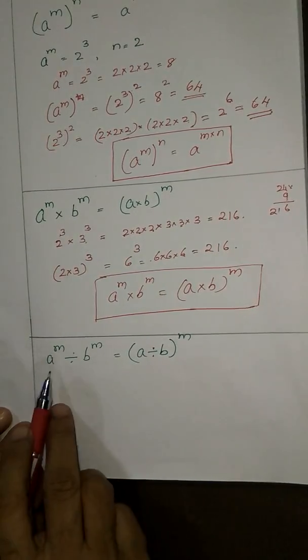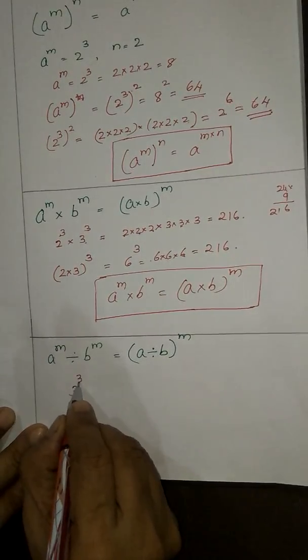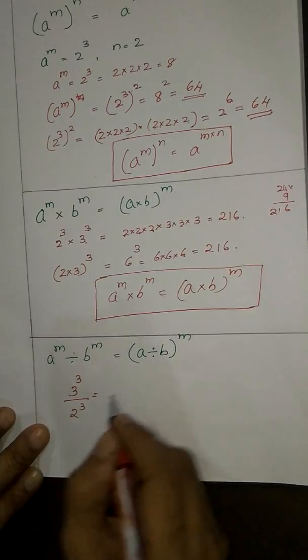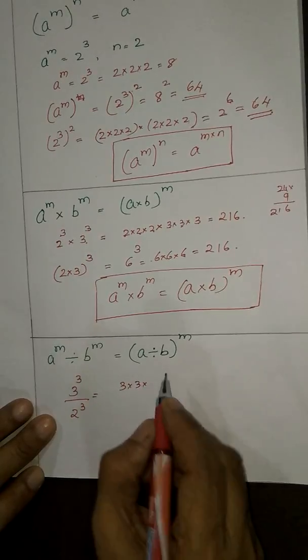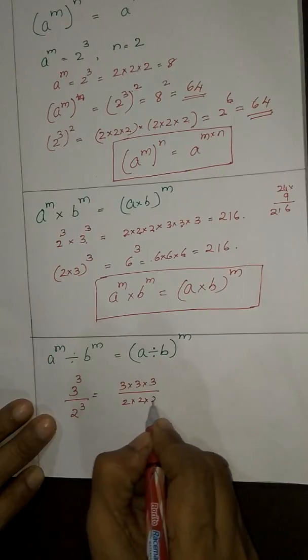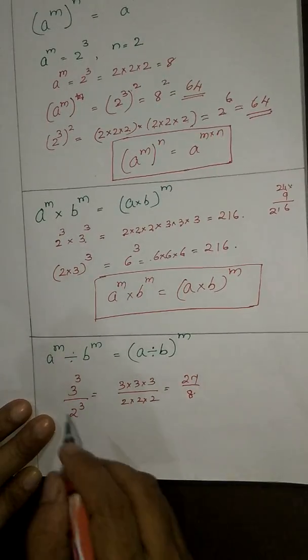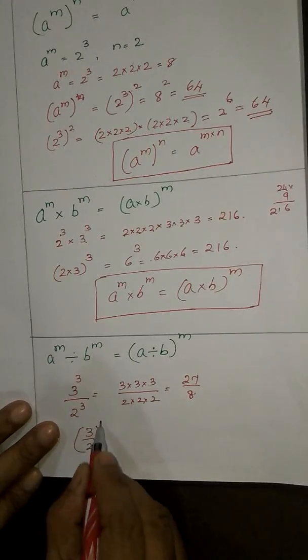The same way you can get this one also. 3 cube divided by 2 cube is equal to, I will write this as 3 into 3 into 3 by 2 into 2 into 2. So 27 by 8. Now I will write 3 by 2, the whole cube.